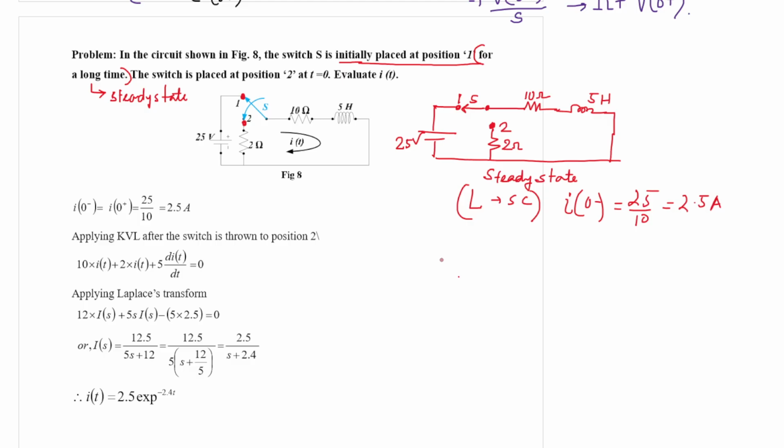So here at position 2 we have the 2 ohm resistance, along with the 10 ohm resistor and the 5 Henry inductance.